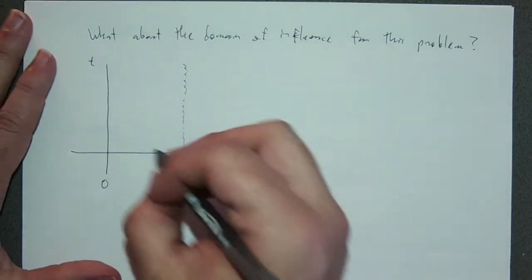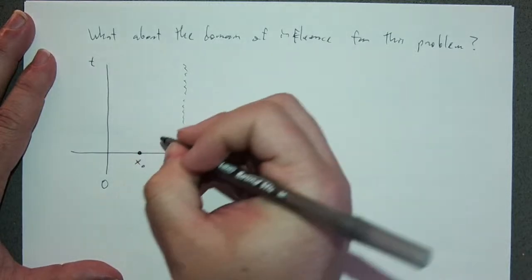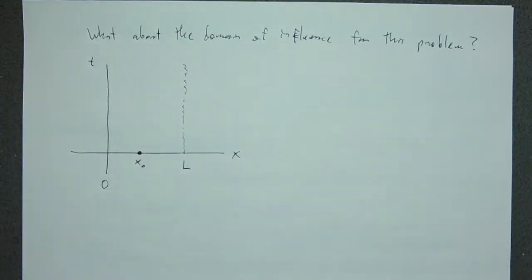If I have an initial point here, what is the domain of points that this influences?